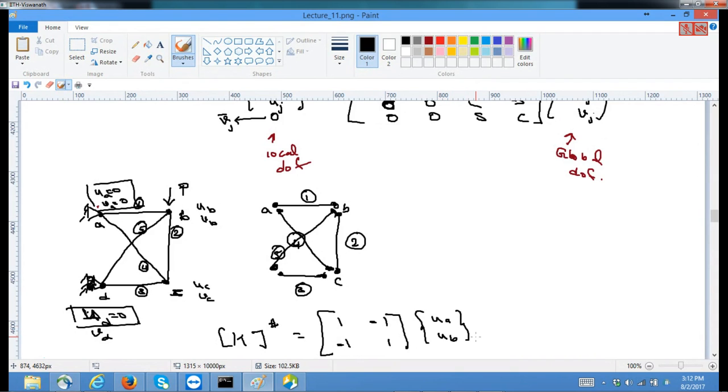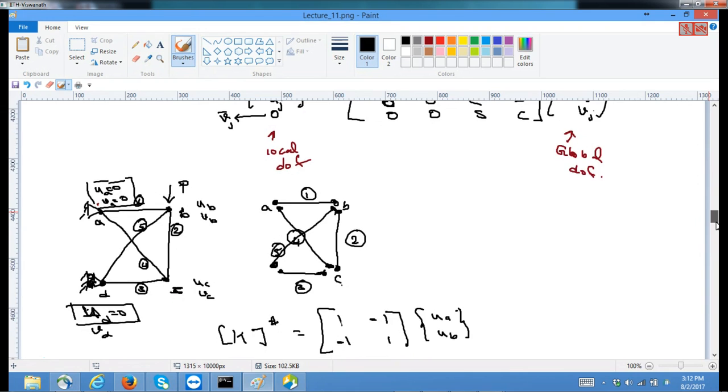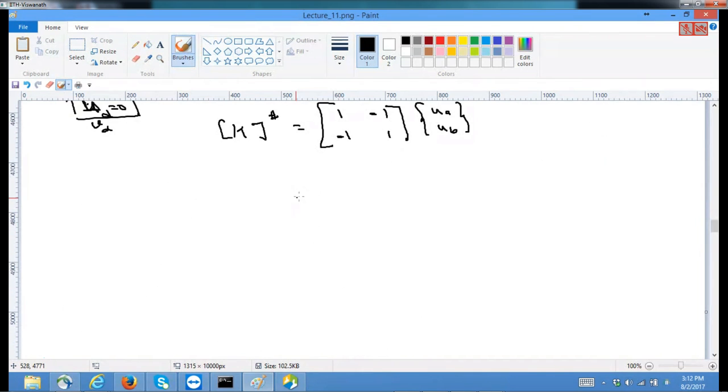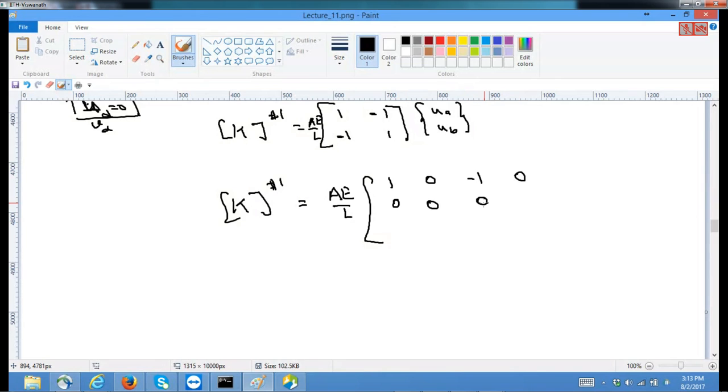But I want to rewrite this in a manner that represents a new k element of 1 in the two-dimensional setting as [1, 0, -1, 0; 0, 0, 0, 0; -1, 0, 1, 0; 0, 0, 0, 0].